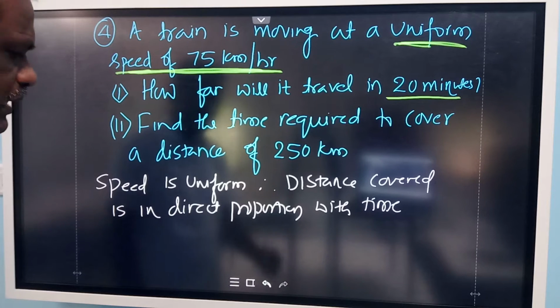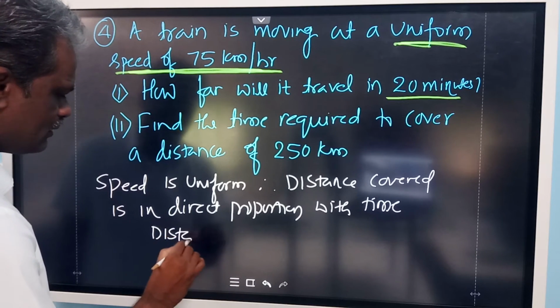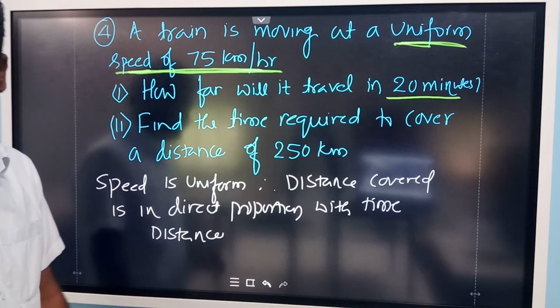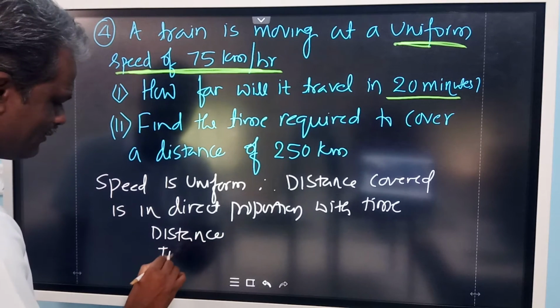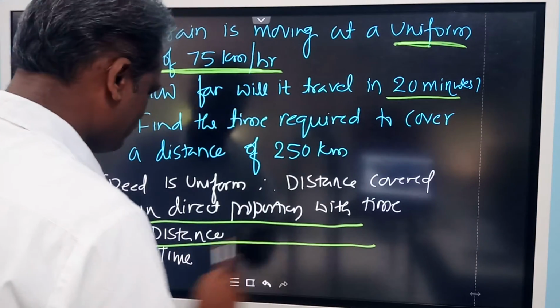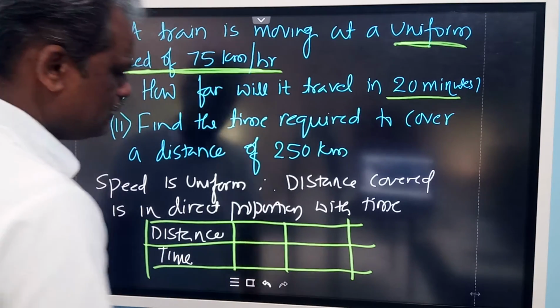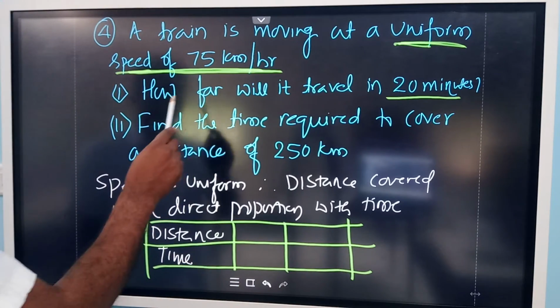So you can write here in a table distance covered in the first row and the time taken in the second row. If you write distance and time in a table, then it is easy to find out. Now let us write this.